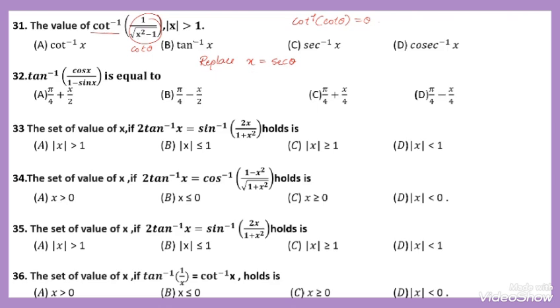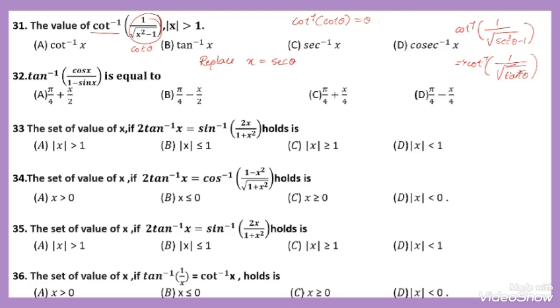Therefore, I can replace here, that is cot inverse of 1 divided by root of sec square theta minus 1. According to the identities, sec square theta minus 1 can be written as tan square theta.